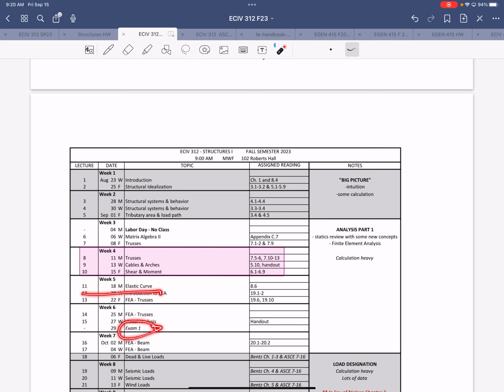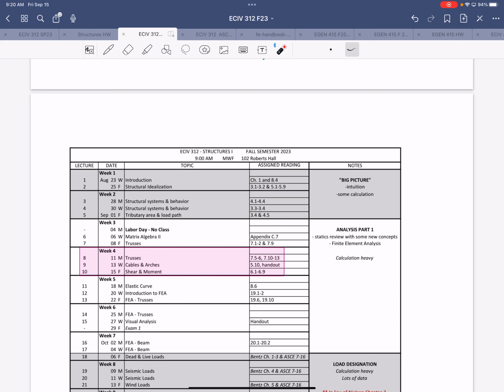So exam 1, 2 weeks from Friday. I'll have more details for you as we get closer, but just basic stuff. You'll be able to bring a note sheet, 1 page, both sides of your own handwritten notes, right? 8.5 by 11, the usual. And it'll cover lectures 1 through 11, all right?